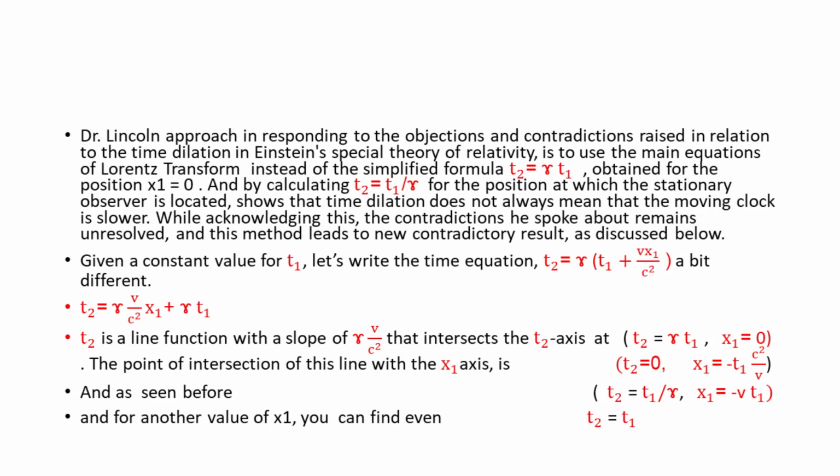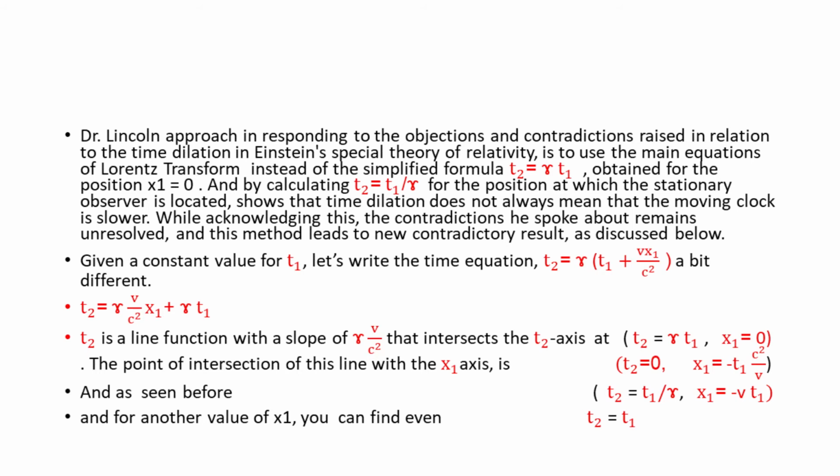And by calculating T sub 2 equals T sub 1 over gamma for the position at which the stationary observer is located, he shows that time dilation does not always mean that the moving clock is slower. While acknowledging this, the contradictions he spoke about remain unresolved, and this method leads to a new contradictory result, as discussed below.